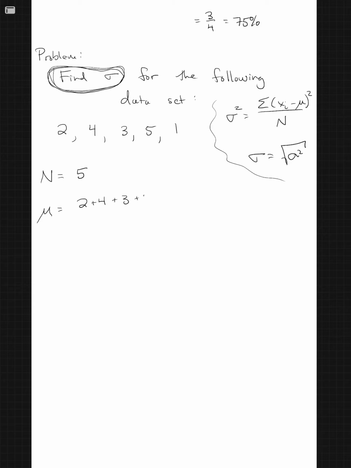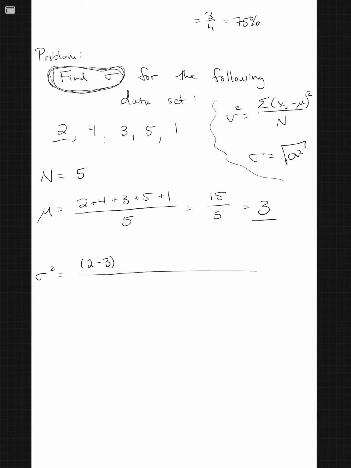Right? And so now that I have this, I can plug into the formula for sigma squared. So we're going to get 2 minus 3, because that's our first data point, minus mu squared, plus 4 minus 3 squared. It's our second data point, minus mu squared.